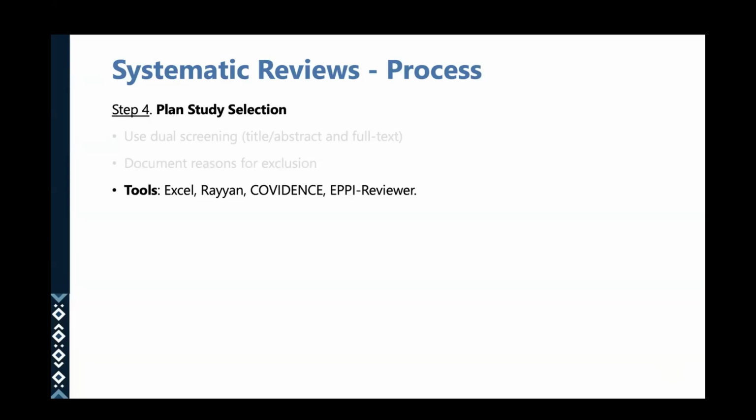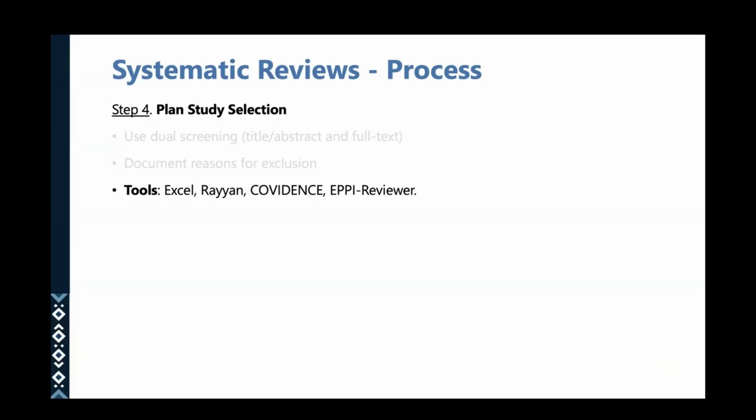And there are different tools that you can use for study selection and for screening. So you can use Excel. This is not very recommended. There's some online software like Rayyan. Rayyan has a free version and it has a paid version. So the free version might work for small reviews with a small number of reviewers.